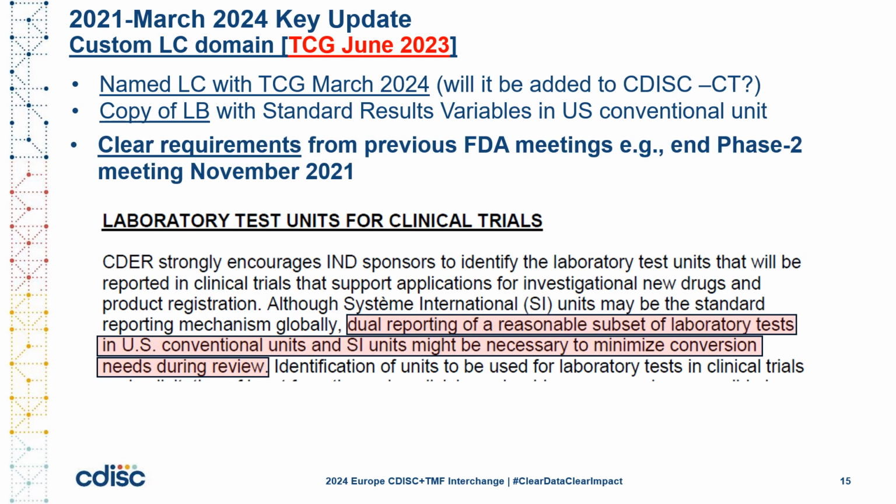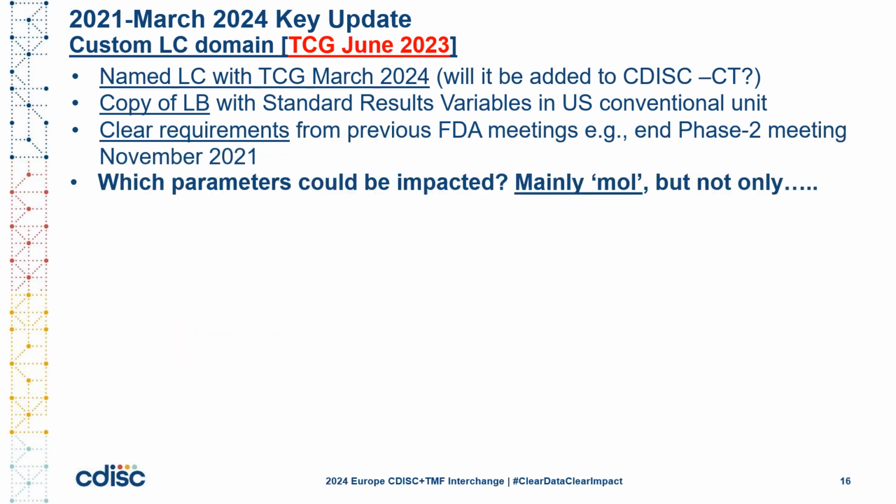This requirement has been clear in many of the submissions we have done in the past 3 years with the FDA, with some specific reviewers in some specific divisions of the FDA making this request even before this was officially added to the Technical Conformance Guide. Which parameters could be impacted? Which domains could be impacted?